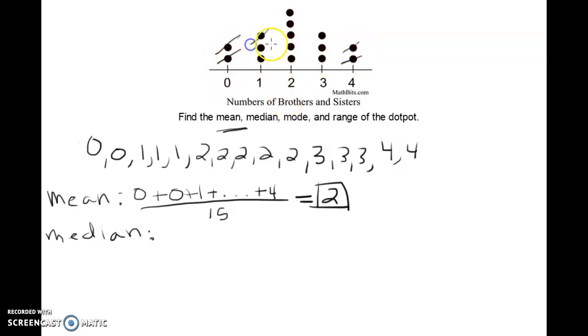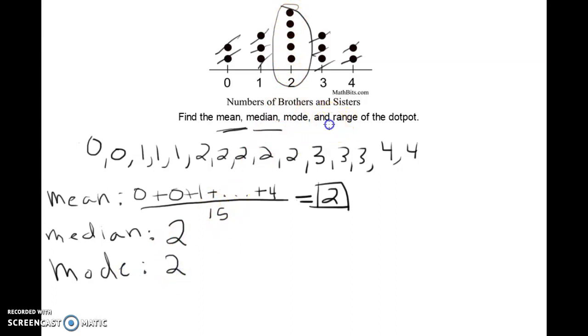I could cross off these 3 1s, and I could cross off these 3 3s. And then I can see that the median is going to be a 2. But you also could do that same thing by writing all the numbers out, but you can do it on the dot plot as well. We found the mean, the median, the mode we know is our most common number. So our most common number here is 2.